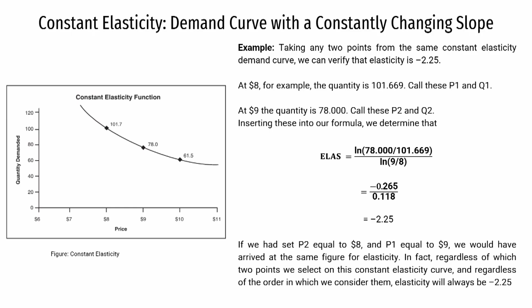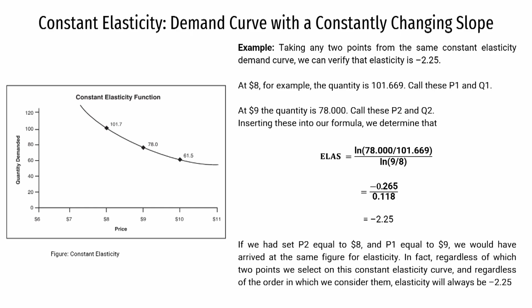So, elasticity will be the natural logarithm of quantity 2 divided by quantity 1, divided by the natural logarithm of price point 2 divided by price point 1, fine. If this is the formula, then I can easily calculate the elasticity value for this given demand curve.